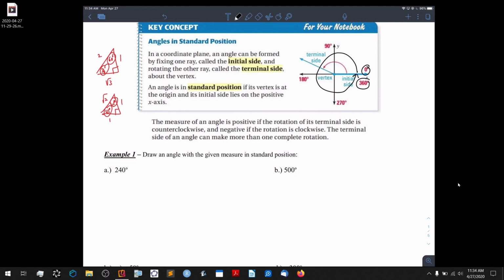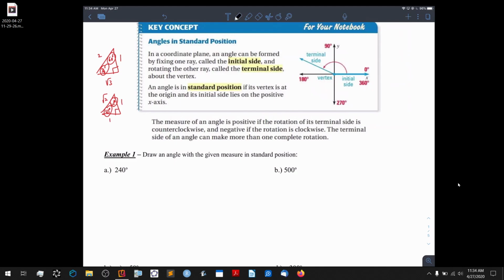For every revolution you go around, you add another 360 degrees, so if I go around twice, this would be 720 degrees. And then 90 degrees is here, 180 and 270. That's also quite important, and I don't want to take for granted that you know that.